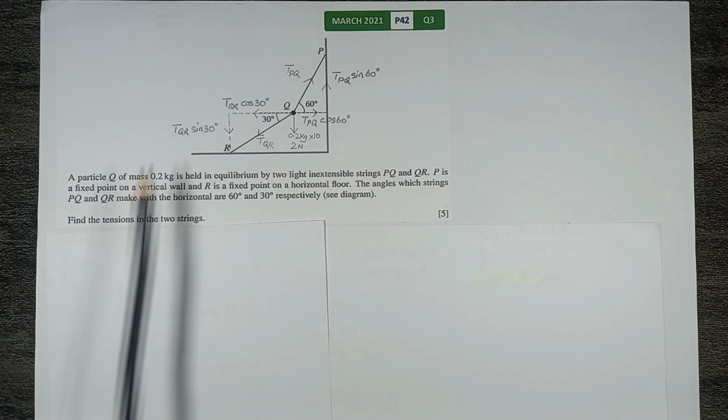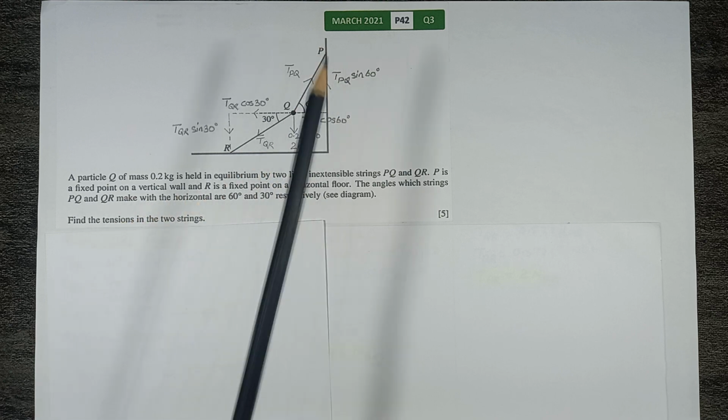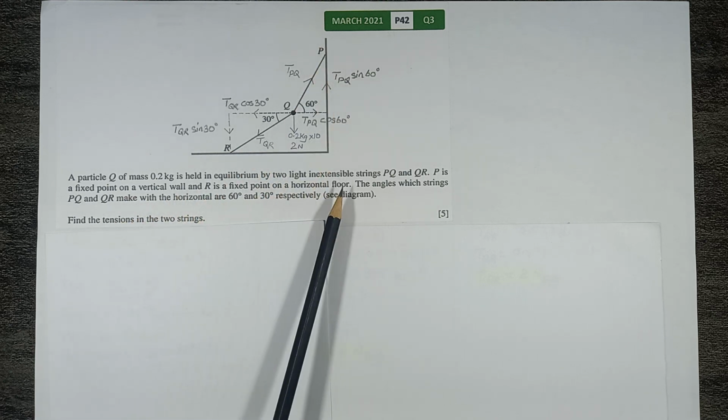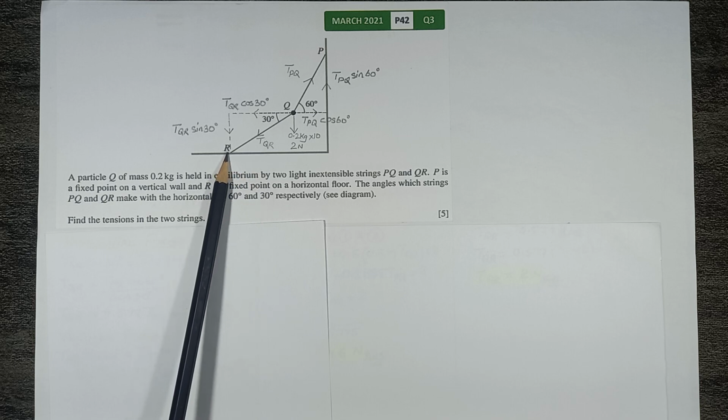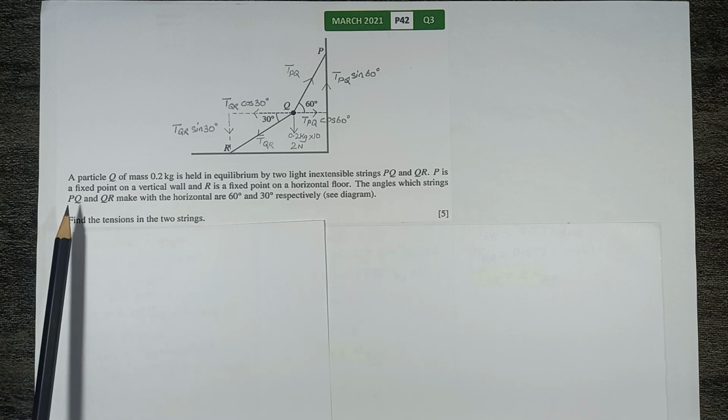P is a fixed point on the vertical wall, and R is a fixed point on the horizontal floor. We can see this very clearly here.